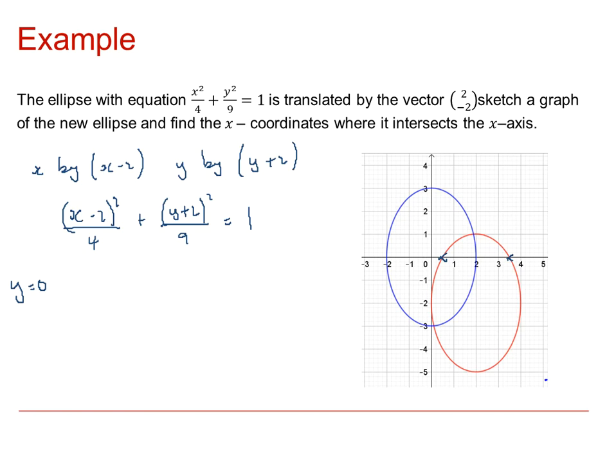In other words, we therefore have (x minus 2) squared over 4 plus, when y is equal to 0, 4 over 9 is equal to 1. We can rearrange that equation. Multiplying by 36 gives 9(x minus 2) all squared plus 16 is equal to 36.